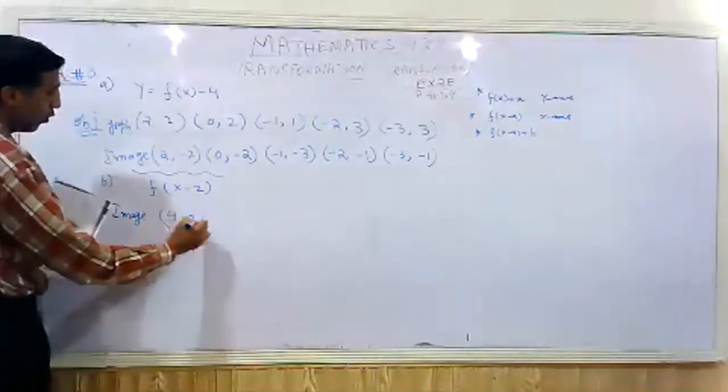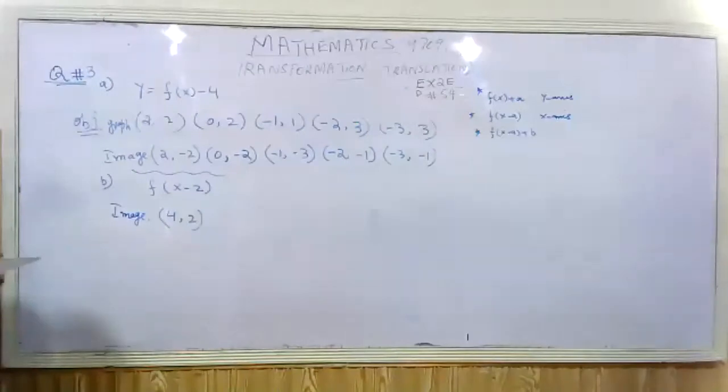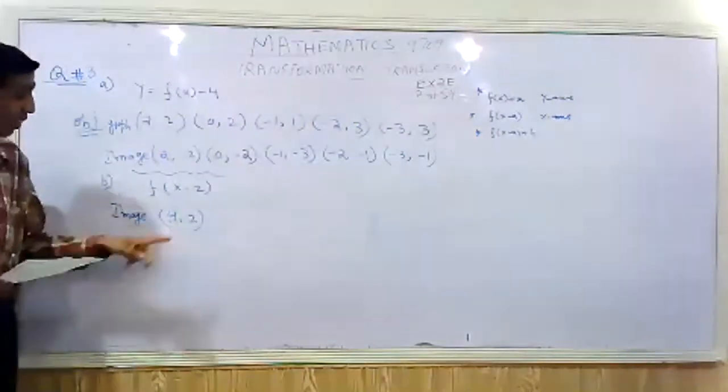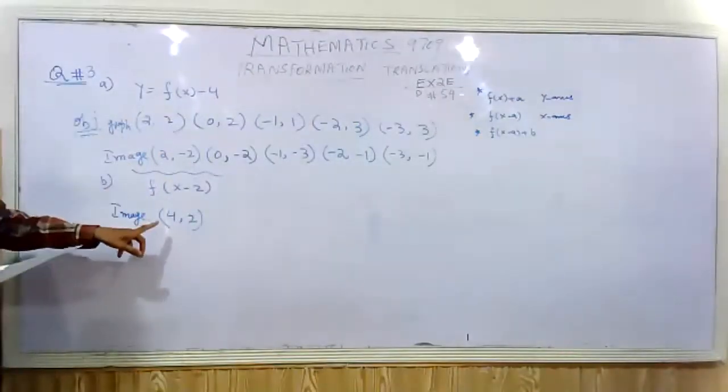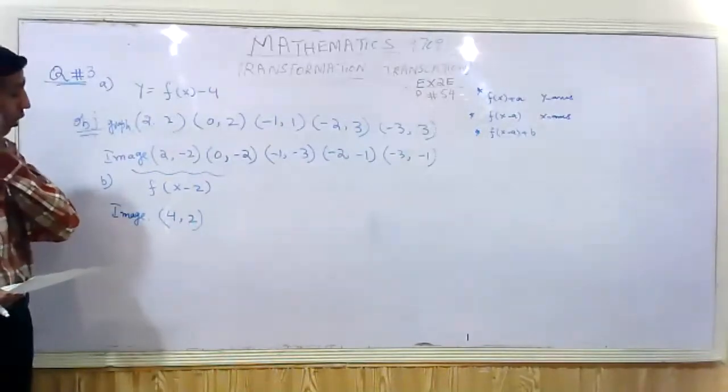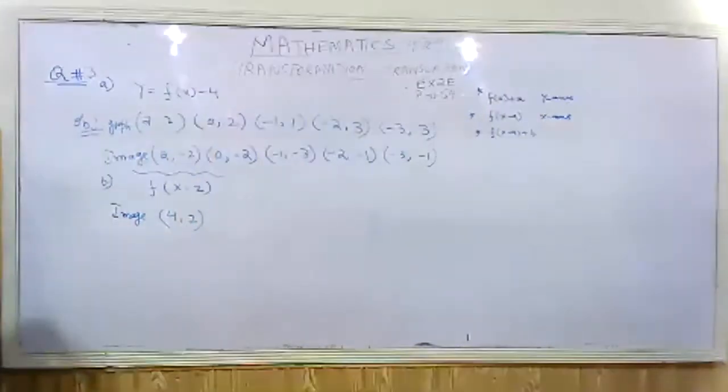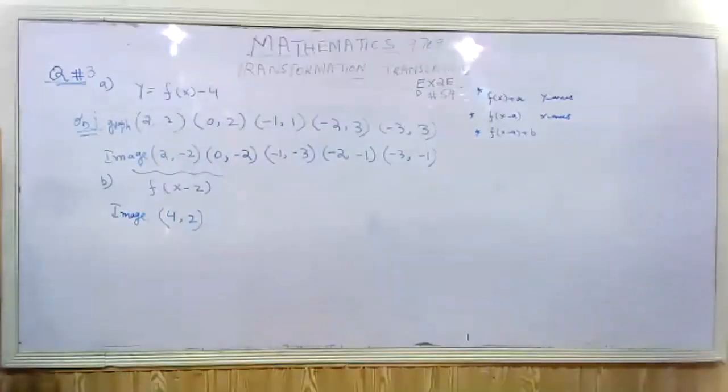4 moves 2 units forward, because it is on the x-axis, so x will be changed, y remains the same. 4, 2; the next point is 0, 2, and this 0, 2 will move to 2, 2.